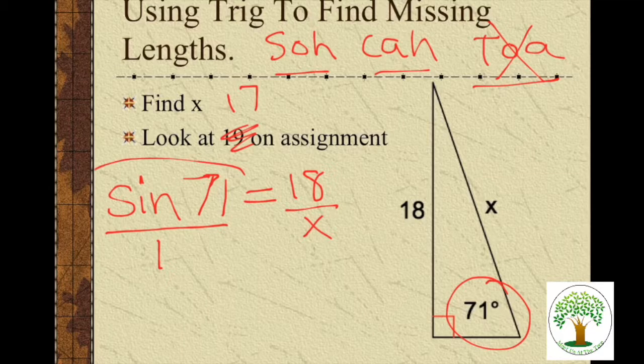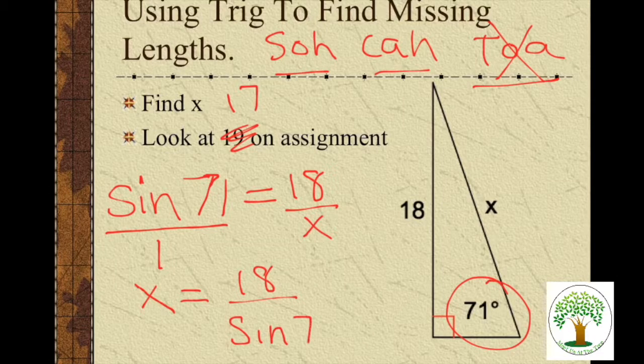So if I switch these two, which is legal with the means and extremes, I'll have what I'm looking for. I will have x equals 18 over sine 71.